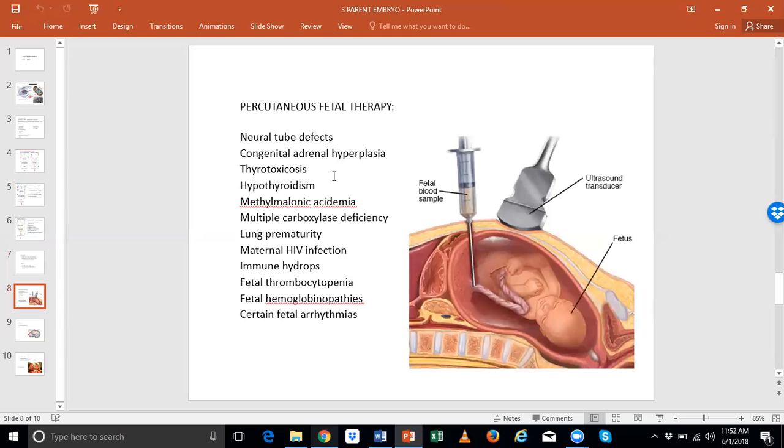Obviously, we're dealing with a fetus who has some kind of defect, structural or functional, and these can be detected either by sonogram or alpha-fetoprotein or other proteins that go through the placenta into the mom's circulation.